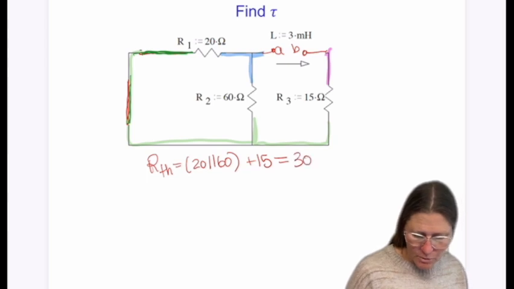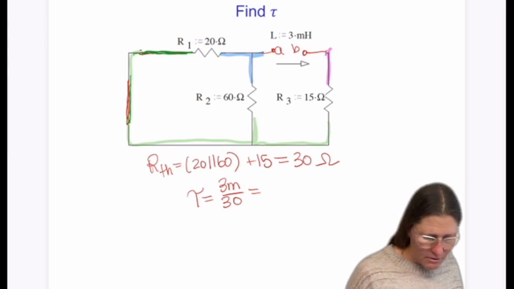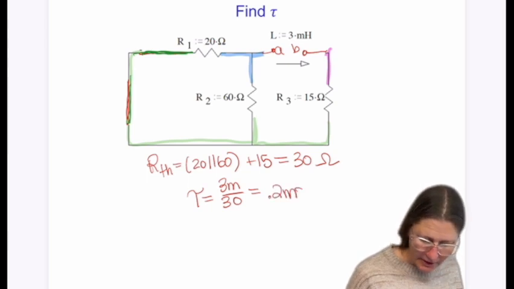So 30 ohms. So tau is L, which is 3 milli over 30, or 0.2 milliseconds.